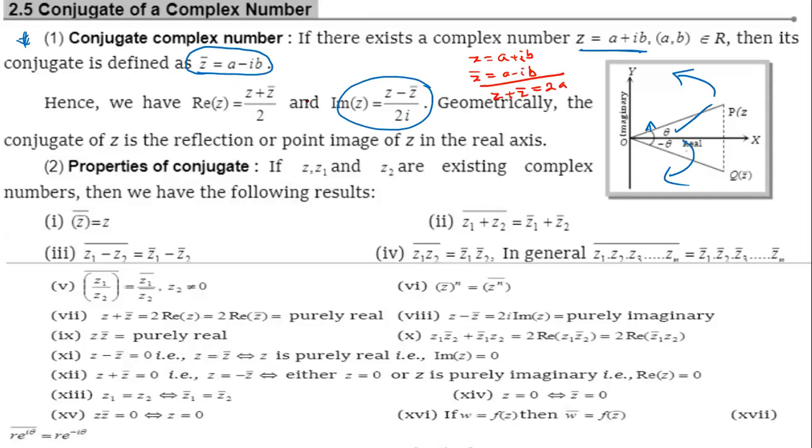Here a is called the real part of Z, and b is the imaginary part of Z. So what is the relation between them? (Z minus Z bar) by 2i and (Z plus Z bar) by 2. Frequently we are using these values, so please remember this.